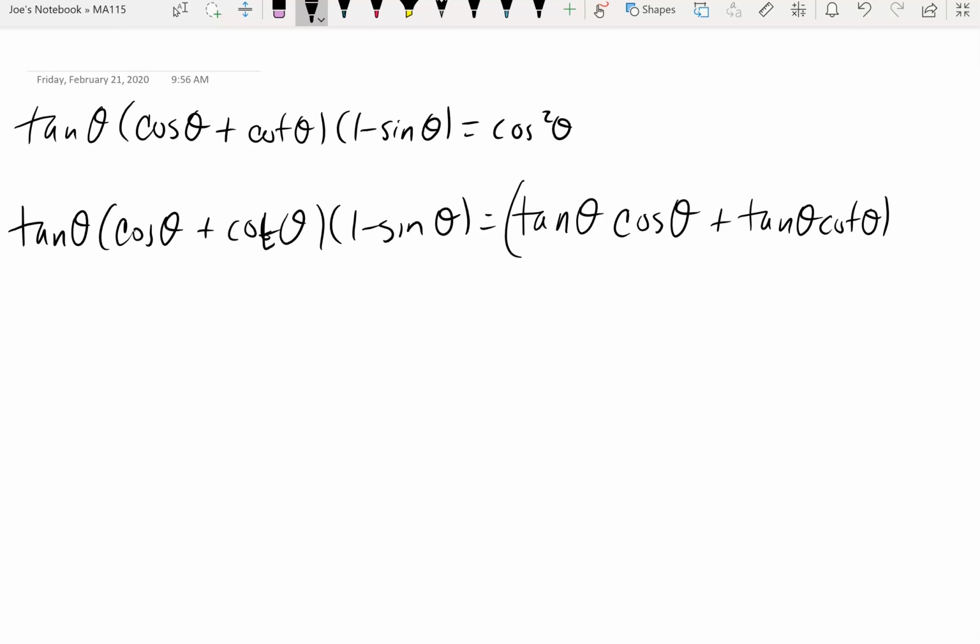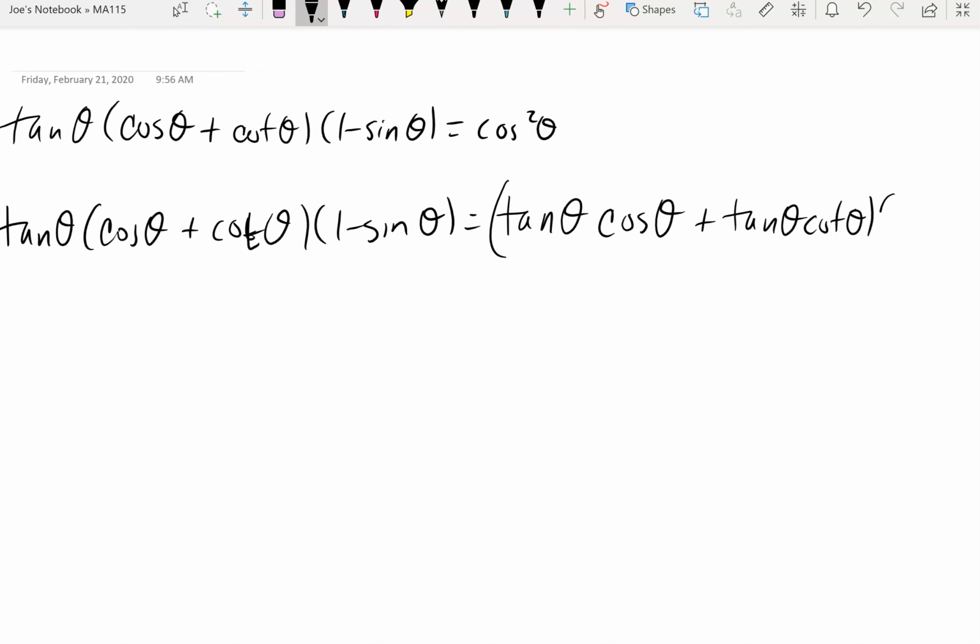But I still have this 1 minus sine theta hanging out here. I think you could absolutely do the FOIL if you wanted to. I think I would simplify inside first just to help us out. Would the inside simplify to sine theta plus 1?